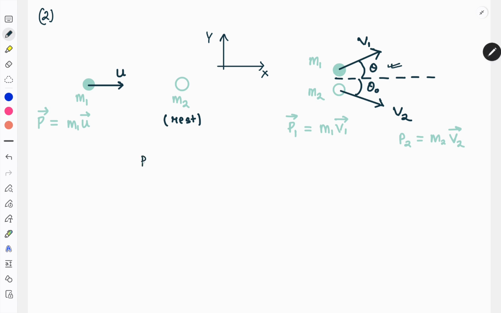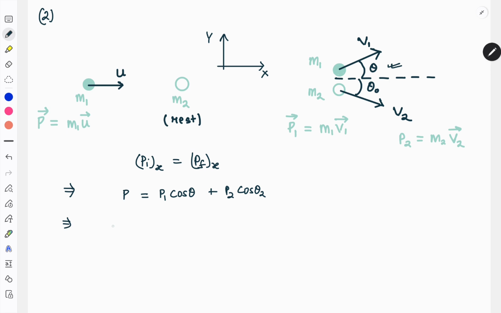We can say that P initial in the x direction is equal to P final in the x direction. If I call this P, which is obviously the product of m1 into u, then in the x direction we can write p1 cos theta plus p2 cos theta naught, where p1 is m1 v1 and p2 is m2 v2.